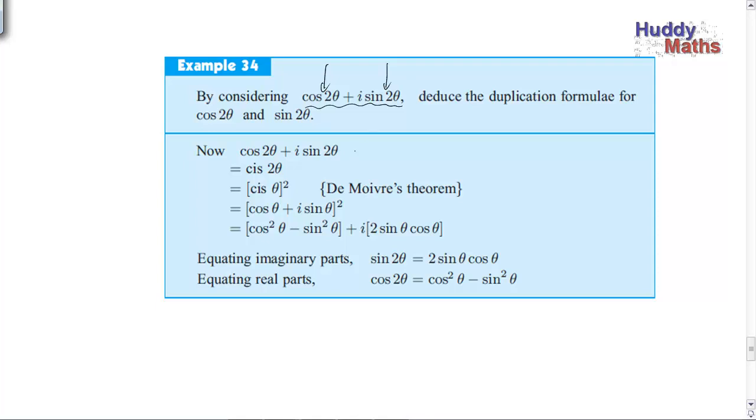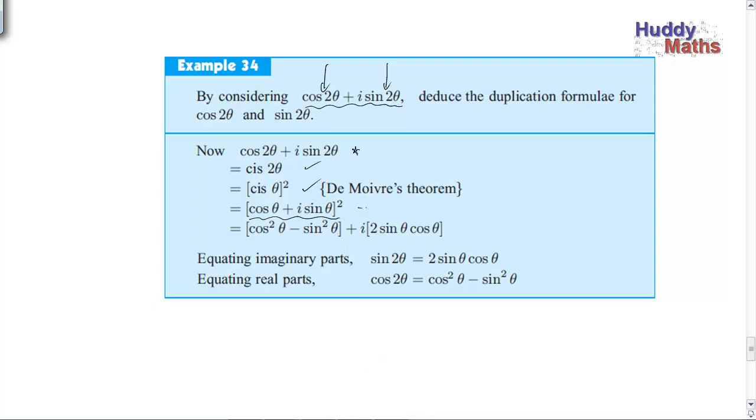Alright, well, of course, starting with this, we can say that's cis 2 theta, and that's cis theta squared using de Moivre's theorem. Okay, so what that means is it's cos theta plus i sine theta squared, going back into a Cartesian form.